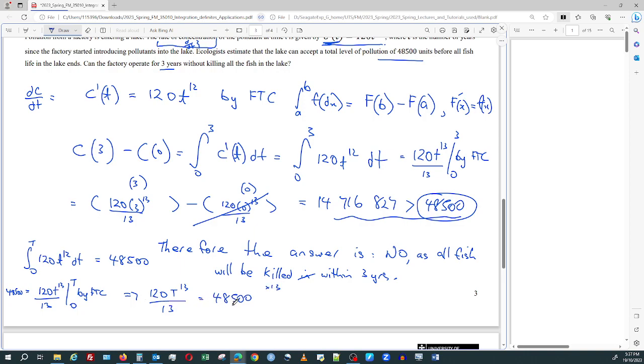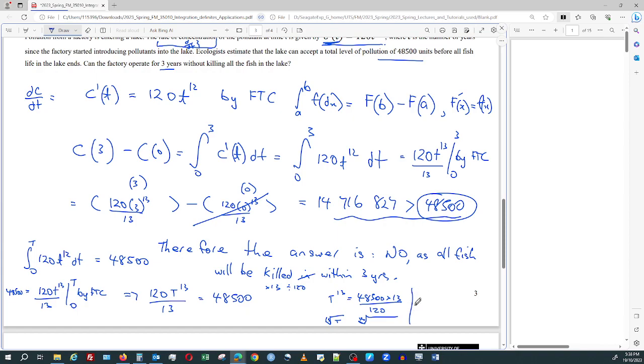What you do to one side, you do to the other. We're going to divide by 120. What you do to one side, you do to the other. And so T to the 13 will be equal to 48,500 times 13 divided by 120. And finally, undo: we've got to take the 13th root of T, and what you do to one side, you do to the other.